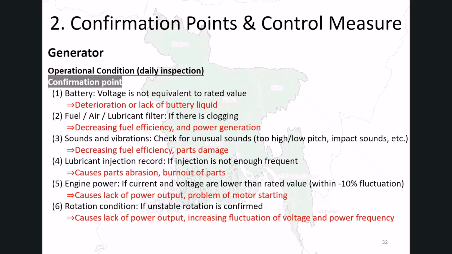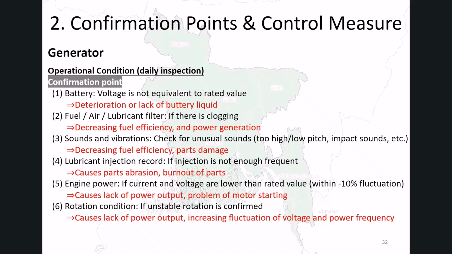Sixth, rotation condition. If unstable rotation is confirmed, voltage and power frequency fluctuations will increase. This can cause unstable power supply and reduced output performance. In such cases, the fuel system and governor mechanism should be inspected.